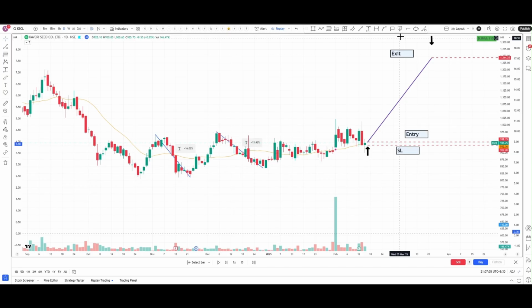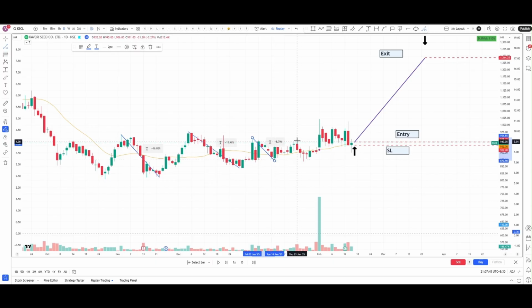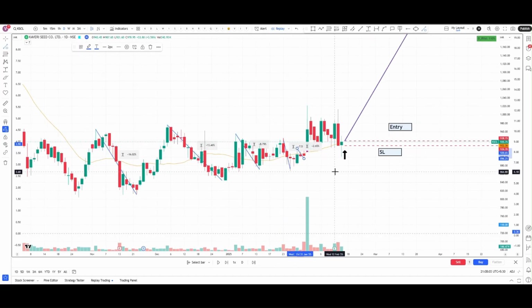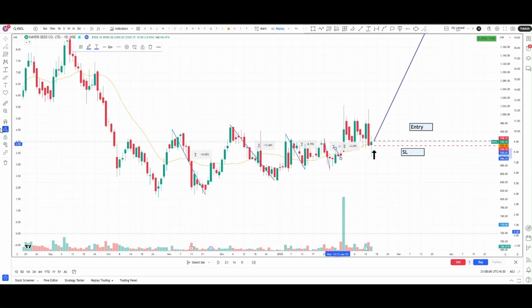Again the price started moving up and it fell by around 8.79%. After that, the price again started moving up, and the next fall was lesser than 8.79, which is 7.5%. After that, the price started moving up, and the last fall was around 2.65%.